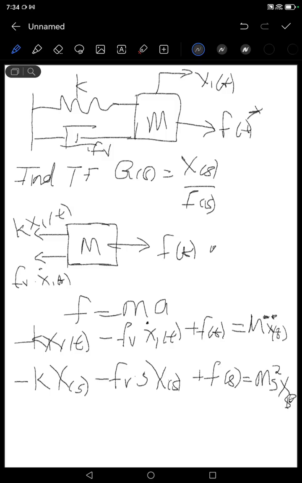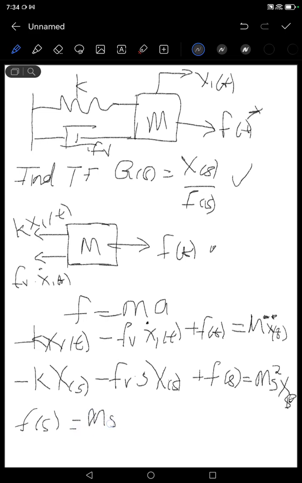After introducing the Laplace, remember we are looking for X over F. So now we can make F of s the subject of the formula. We're going to start by making F of s the subject, taking this to the other side.